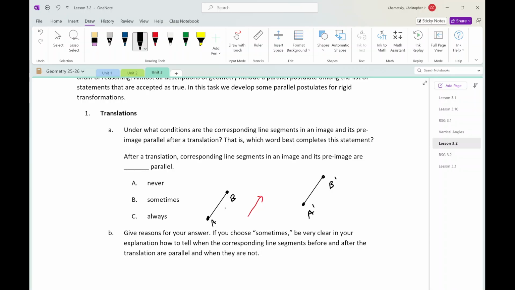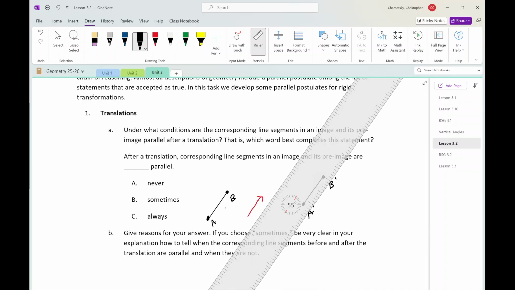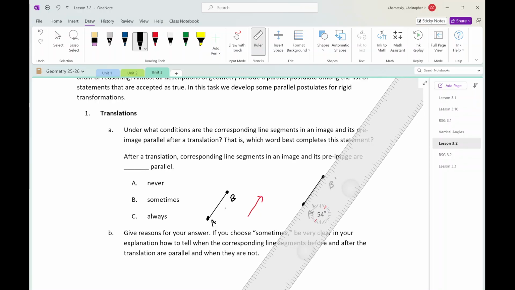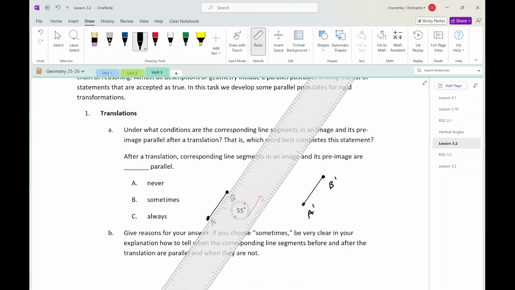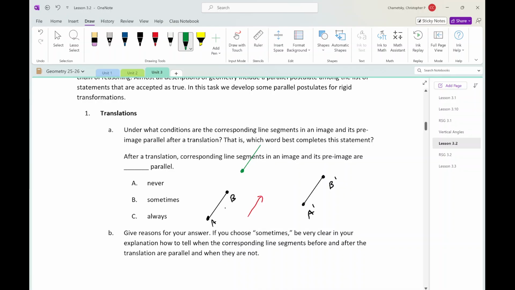What if I translate it so that it lines up with the original image? In other words, we just translate it along the same line. Well, technically that's not parallel. It's the same slope, but those two segments are actually on the same line. So it's sometimes.